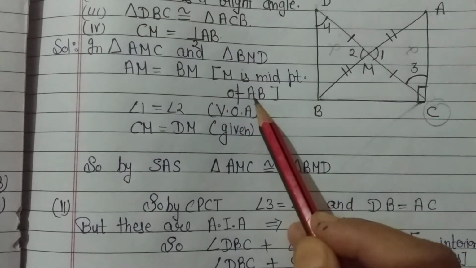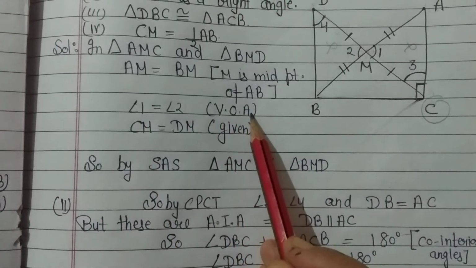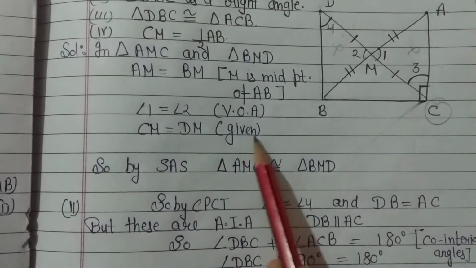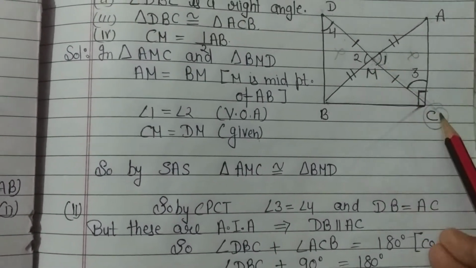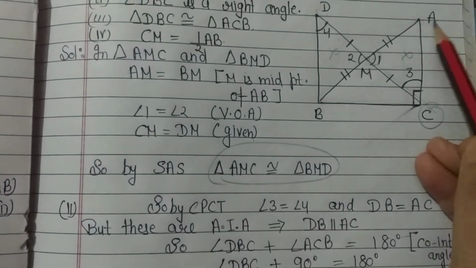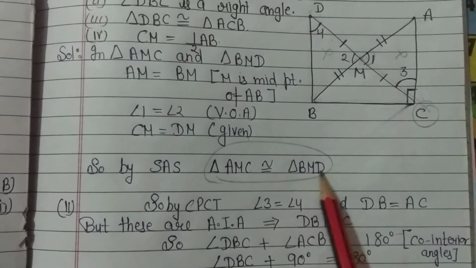M is the midpoint. Angle 1 is equal to angle 2, vertical opposite angles. And CM is equal to MD. It is given. So by side angle side criteria, both the triangles AMC is congruent with triangle BMD.